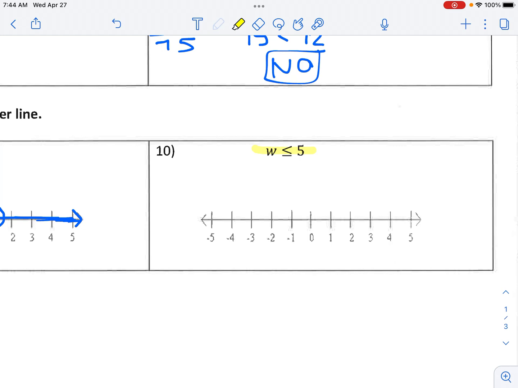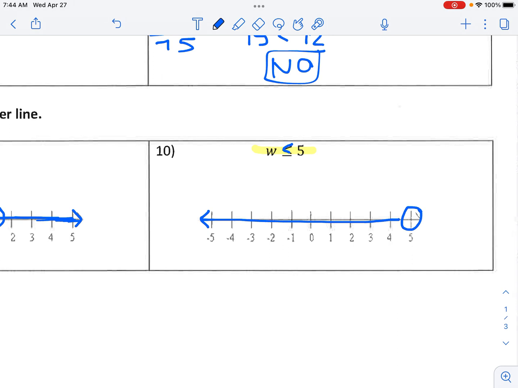W is less than or equal to 5. Step 1, put a circle at the starting point, which would be 5. Step 2, decide which direction your arrow will go. Look at the direction of the arrow in your inequality. That's pointing to the left. Find the matching arrow on your number line. That one is pointing to the left, so we're going to darken in this direction.